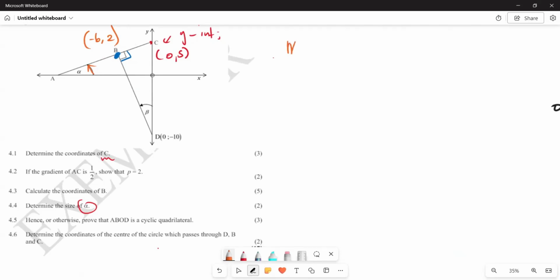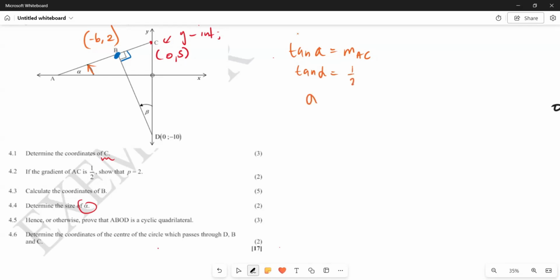So your tan of alpha is going to be your gradient, and not just any gradient, but the gradient of your AC. This is the same as your tan of alpha, which is equal to 1 over 2.